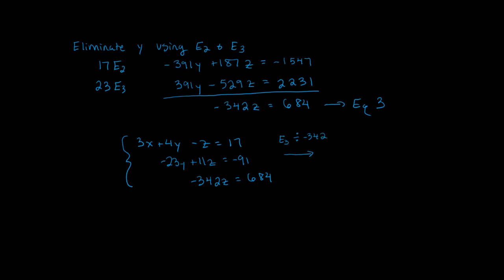That's fine, as long as you're writing down what you're doing so you can double check your work. And then I need to make sure that I still have my system. The first two equations are not changing. You're seeing you're doing a lot of rewriting the same thing. And then I'm going to have z equals 684 divided by negative 342. z is negative 2. So that's good. We get a whole number.